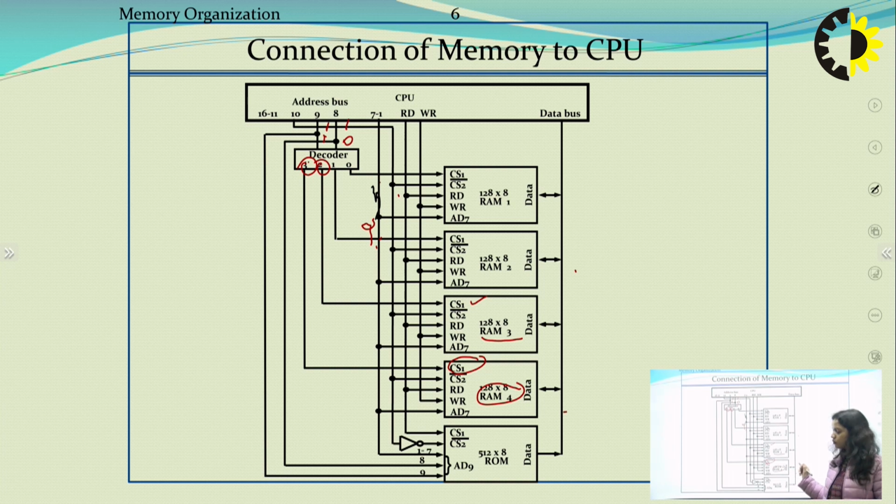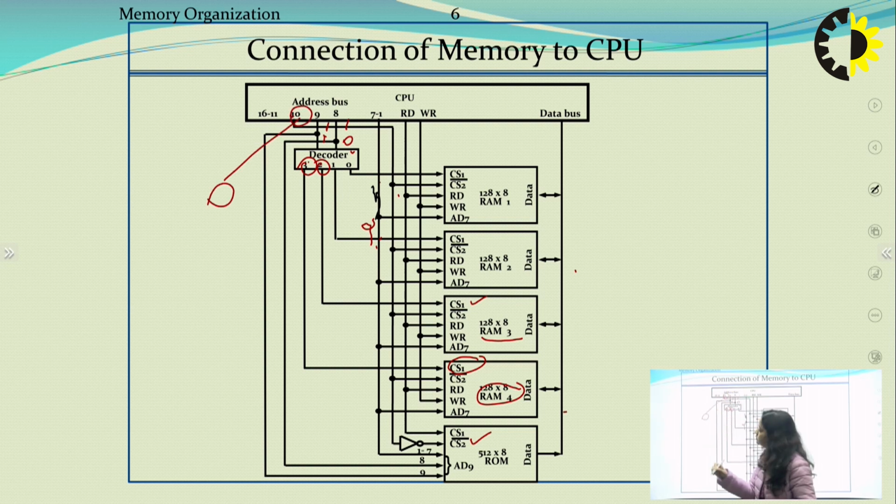Now let's come to the difference between how we can make a selection among a RAM chip and a ROM chip. That will be done with the help of the chip select 2 bar bit. Now we will come to bit number 10. When the value of bit number 10 is 0, what will be the input to the 4 RAM chips?